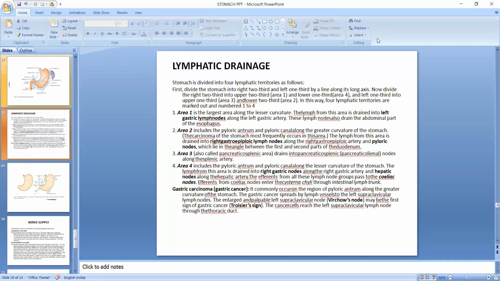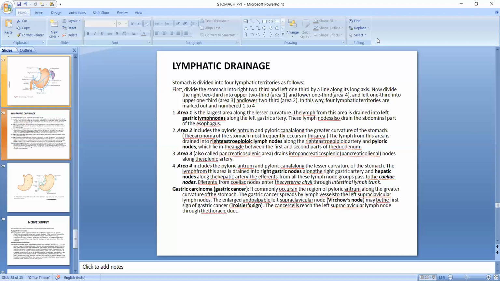Now there are clinical conditions related to lymphatic drainage, that is gastric carcinoma, most commonly called gastric cancer. It commonly occurs in the region of the pyloric antrum along the greater curvature of the stomach. Gastric cancer spreads by lymph vessels to the left supraclavicular lymph nodes.